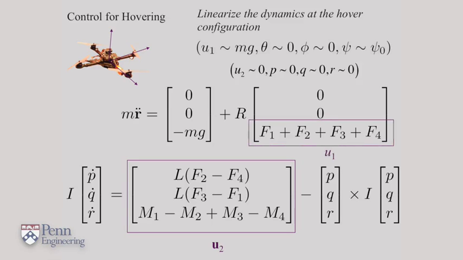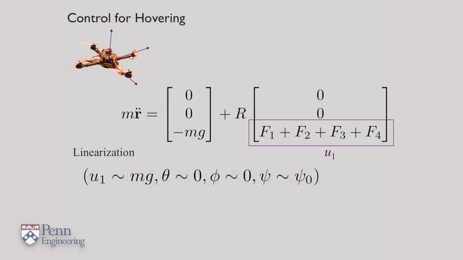Likewise, the sum of the thrusts has to compensate the weight, but the yaw angle can be non-zero as long as it's fixed. Linearizing around this point means that we assume that u1 is almost equal to mg. We assume the roll and pitch angles are close to 0, and we assume that the yaw angle is fixed or close to fixed at a given value psi 0.